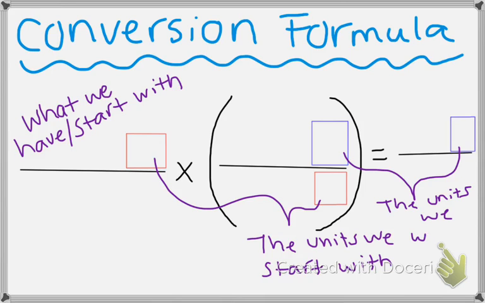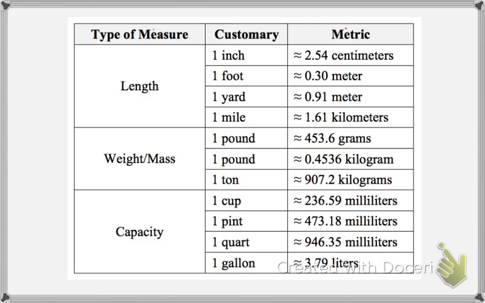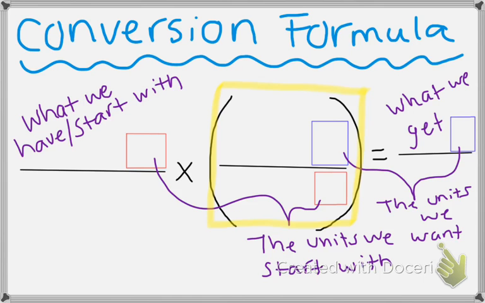The last fraction is our answer, so what we get would go here. And the middle fraction is going to be the relationship between the 2 units that you're converting, say cups and milliliters. To find that, you would look on this chart and plug it in.